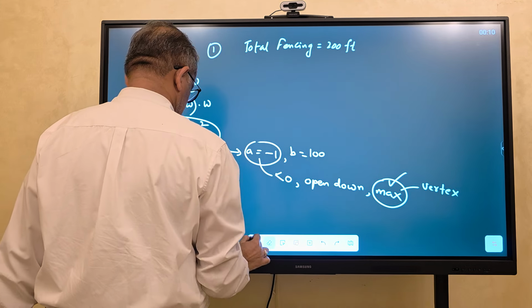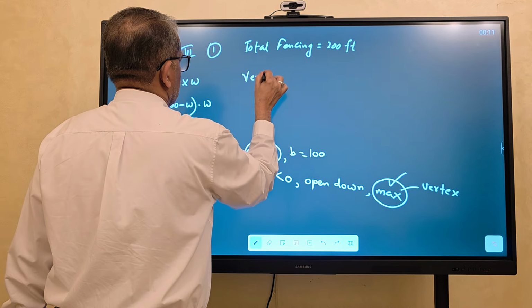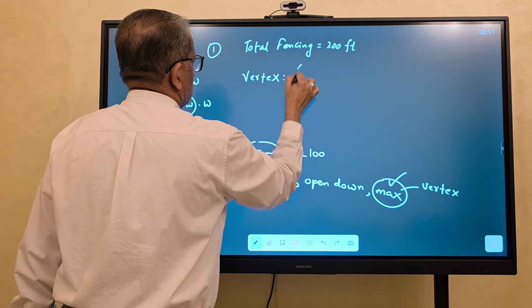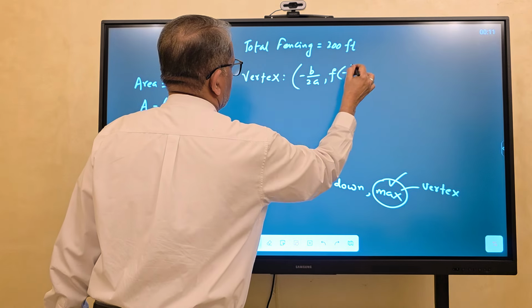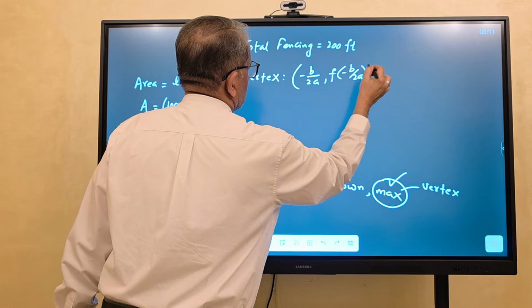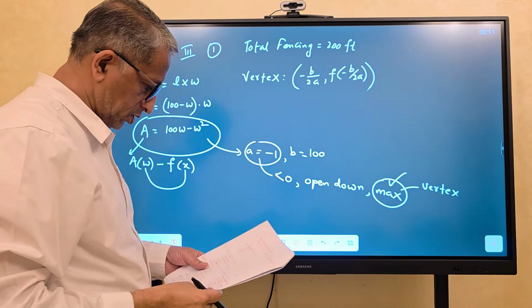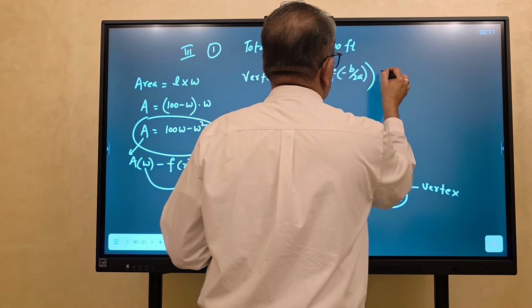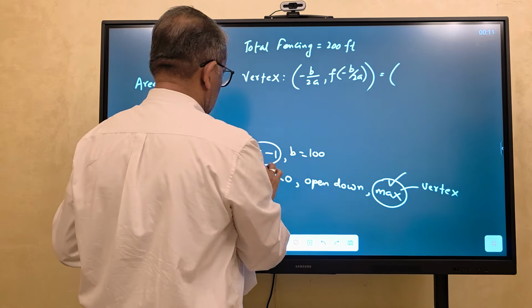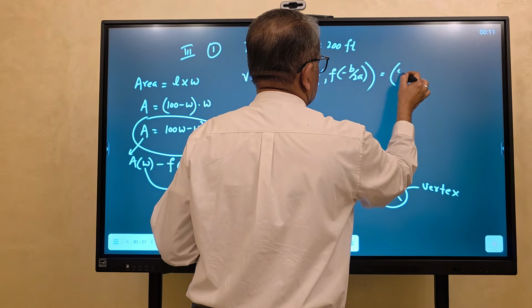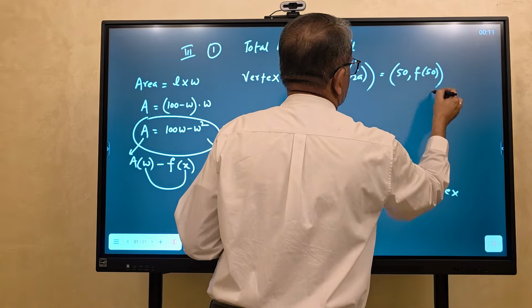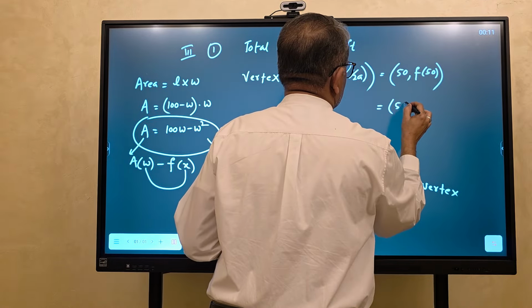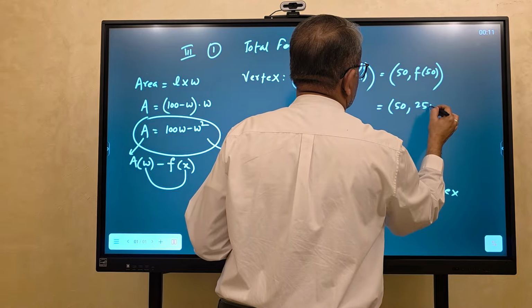So the vertex, same formula, minus b by 2a, f of minus b by 2a. Substitute the values, a and b you put here, it is 50 and f of 50. That means it is 50 and 2500.